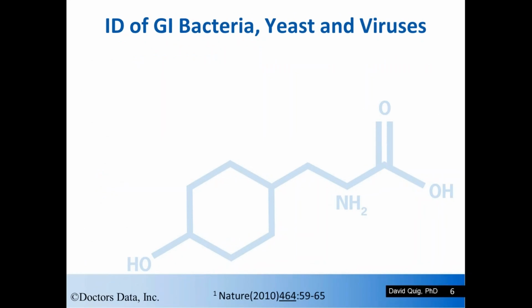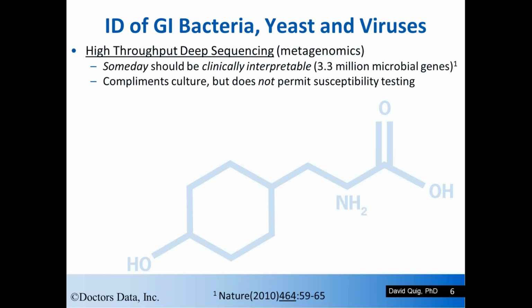Identification of bacteria, yeast, and viruses can be performed by several different modalities. The latest and greatest has been the high throughput deep gene sequencing, also known as metagenomics. And someday, metagenomics should be clinically interpretable. Right now, we have identified over the past 10 years or so about 3 million microbial genes.